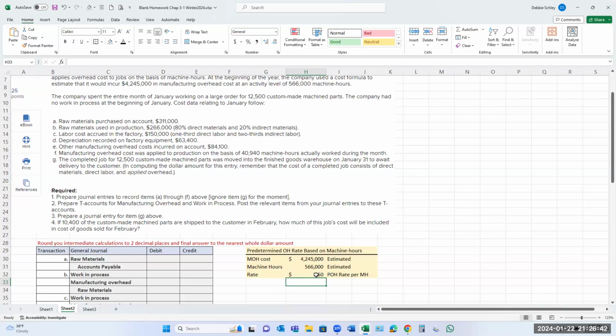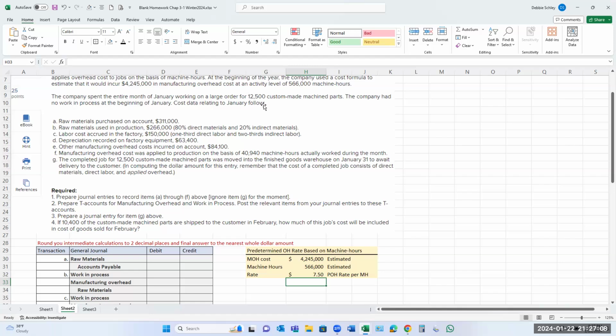You can make that calculation later, but I didn't want to lose those numbers because it's easy to lose those numbers. The company spent the entire month of January working on a large order for 12,500 custom-made machine parts. The company had no work in process at the beginning of January. That just means there's no beginning balance.